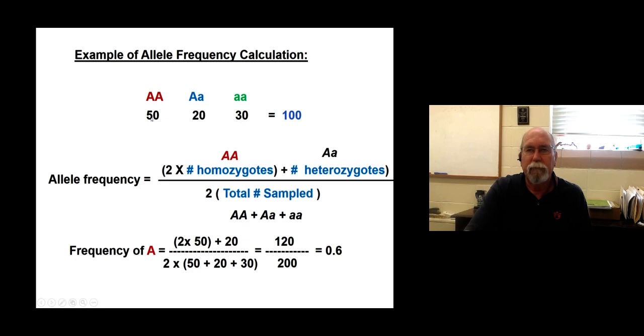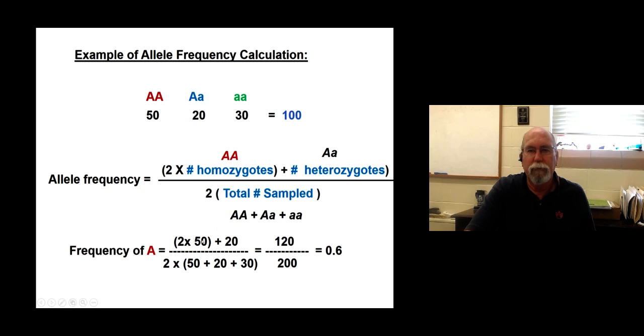Well, we've got 50 of them, so 2 times 50 plus 20 is 120, divided by 2 times the total. The total is 100 individuals, but there's 200 alleles. So 120 divided by 200 is 0.6. Now for little a, you could do the same thing.